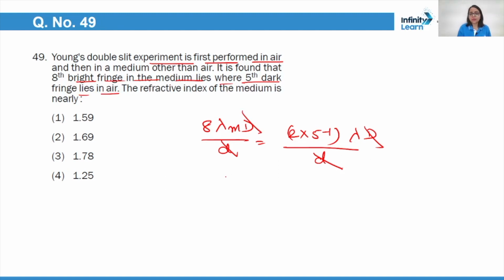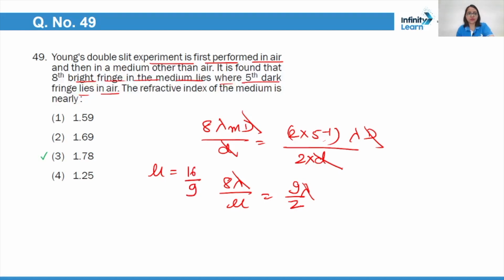So lambda medium can be written as lambda air divided by mu, where mu is the refractive index of the medium. So this will be 9 lambda. The lambdas cancel, so mu will be 9 by 2. So mu will be 16 upon 9, and that is option 3.